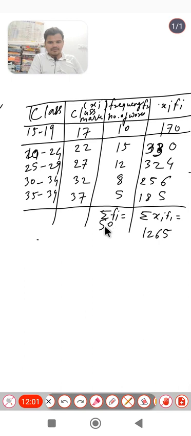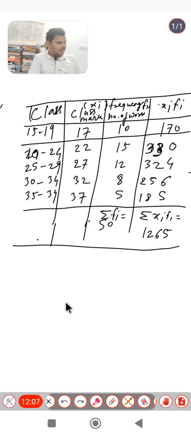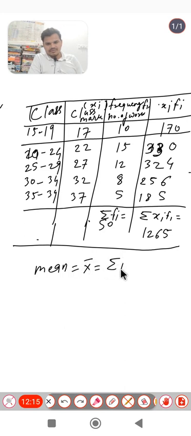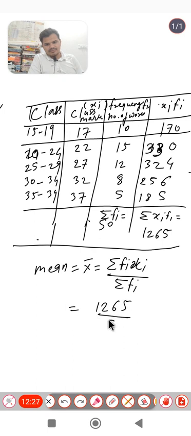Okay, so this is the direct method. Now we simply put the formula: the mean, x bar, equals the summation of fi xi upon the summation of fi, that is 1265 upon 50.